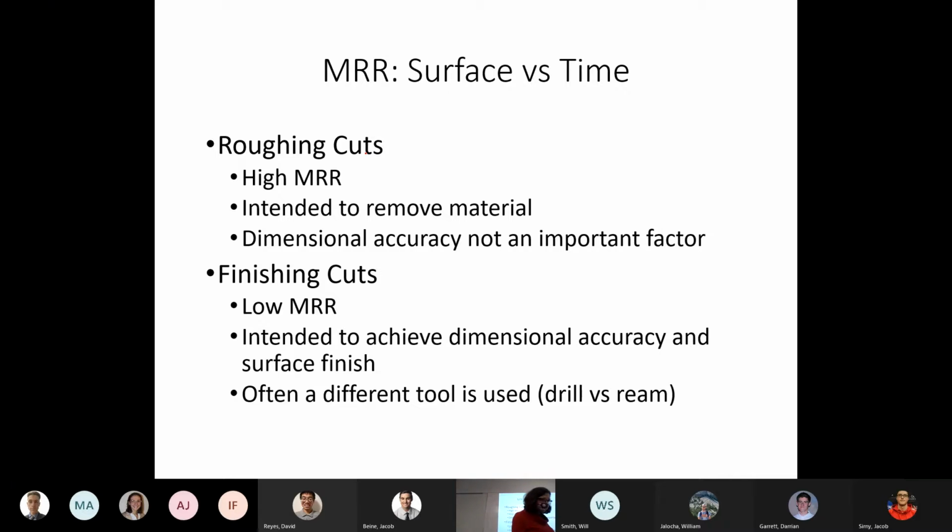And then we have finishing cuts, where we are not looking to remove a lot of material, so we wouldn't even look at the efficiency of our material removal. What we want with these finishing cuts is surface finish and dimensional accuracy. And oftentimes, we may use a different tool.